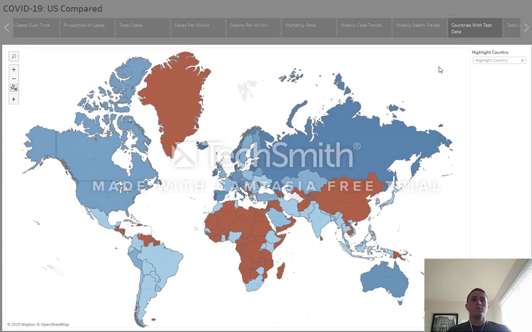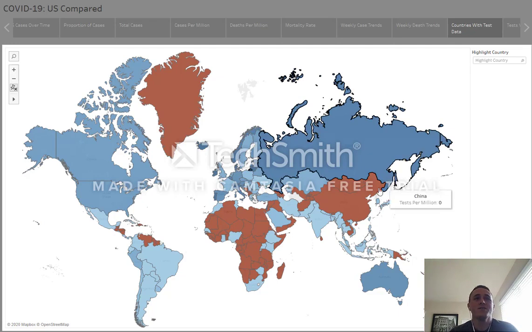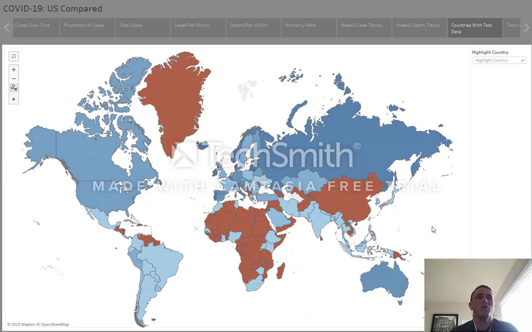All right, so countries with test data. If we're not getting test data from them, we basically can't compute properly how this is affecting the world. So test data is basically telling us how many tests have been performed in these countries. So we have all these ones in red.